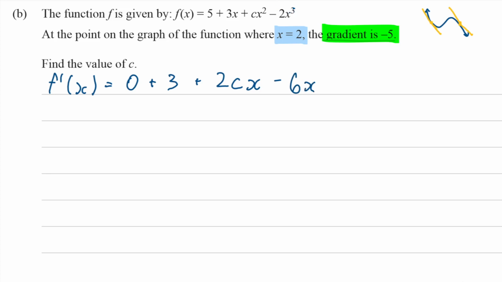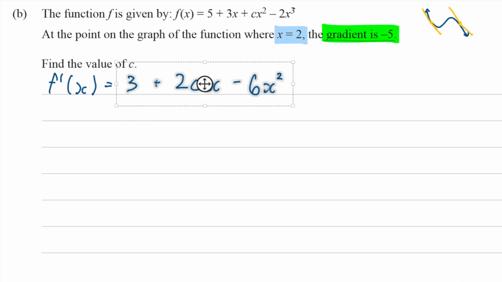We then subtract 1 from the power, leaving us with minus 6x squared. And we don't need to write the 0 out the front, just to tidy it up. So that is our gradient function.